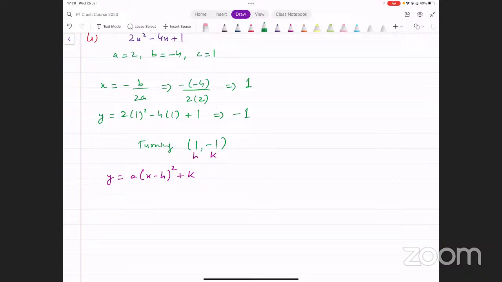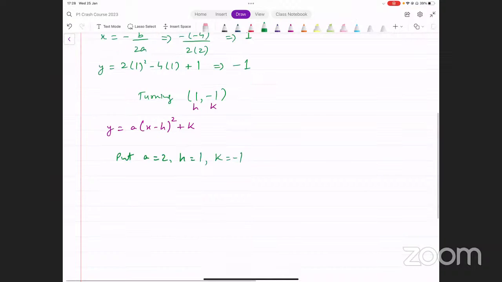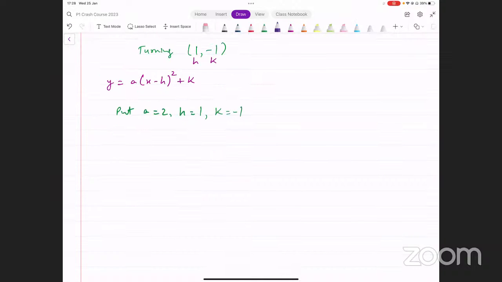So let's input a equal to this value, 2, h equal to 1, and k equal to minus 1. Just input values in this form. You get y equals 2 into x minus 1 whole squared minus 1. This is the completed square form that we were looking for.